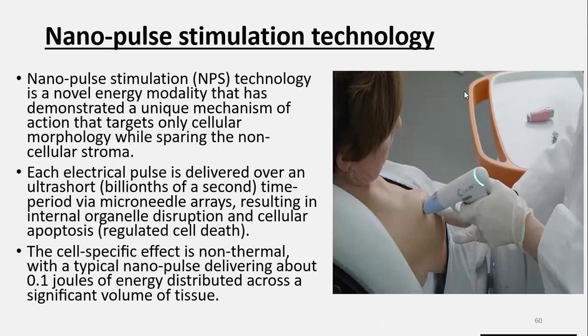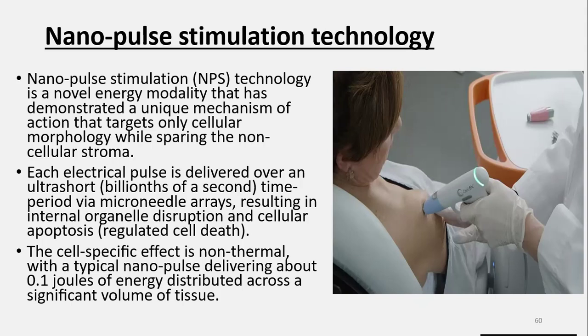Nano-pulse stimulation technology. Nano-pulse stimulation (NPS) is a novel energy modality that has demonstrated a unique mechanism of action that targets only the cellular morphology while sparing the non-cellular stroma. So the nano-pulse technology targets the cells and not the intervening areas.